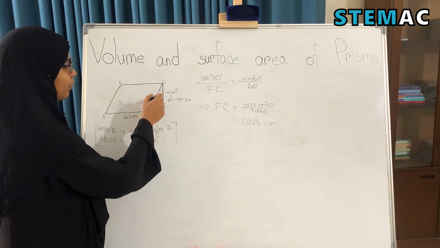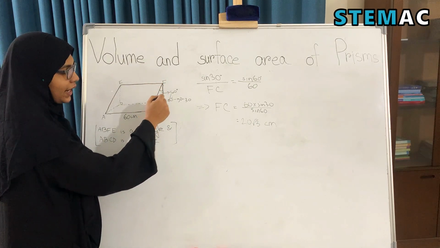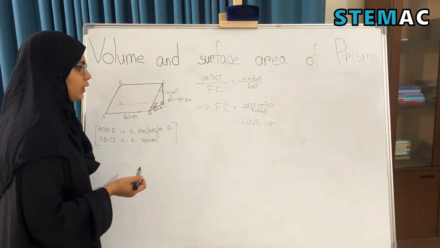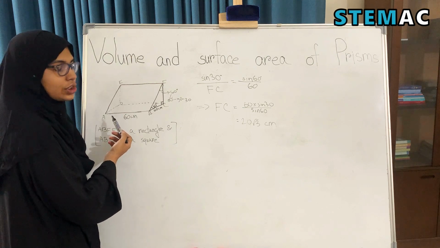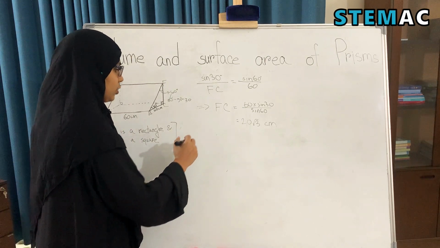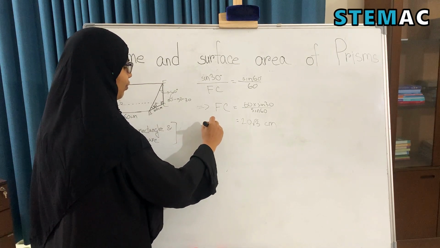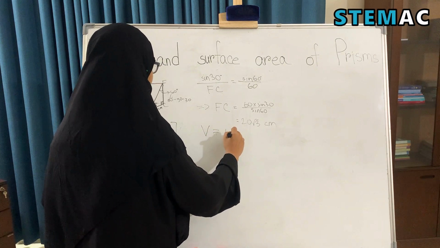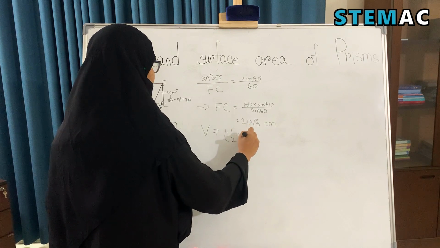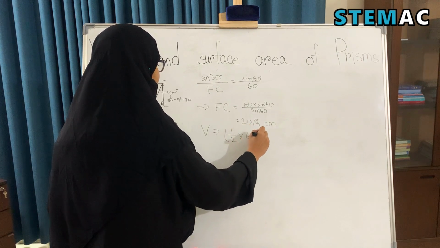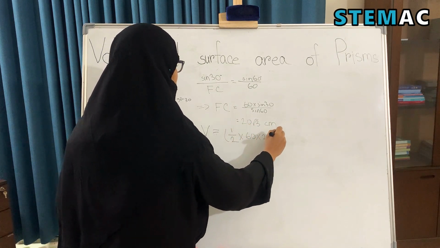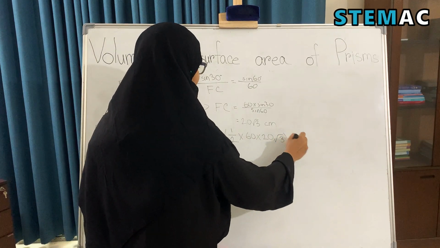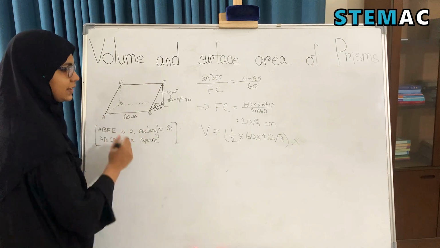So now that we know two sides of this triangle, we can find its area, that means the area of cross section of this prism. So the volume of this prism would be half into 60 into 20 root 3, multiplied by its length, this length 60.